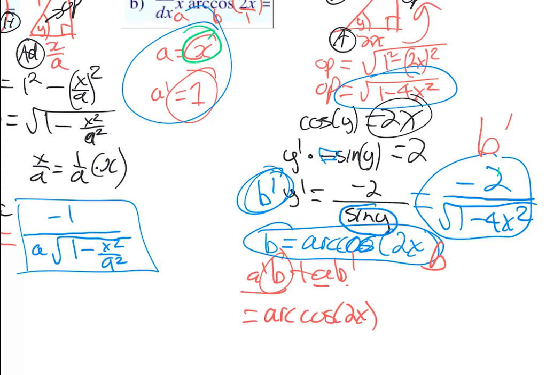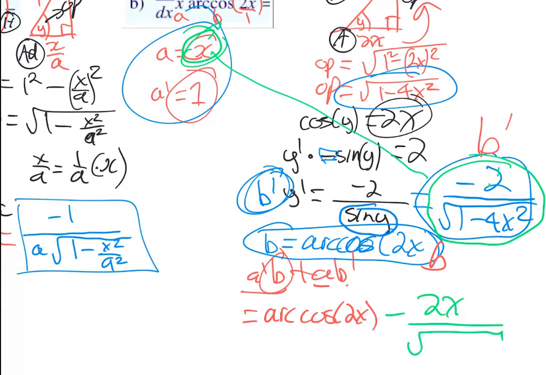X is being multiplied by this, okay? Those two things are being multiplied. So remember, we have negative 2 times x is going to become the numerator. Negative 2 times x is the numerator, all divided by square root of 1 minus 4x squared. And that, folks, is your derivative with the product rule, okay, with arc cos.